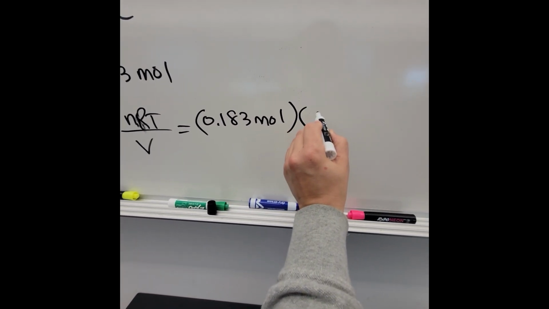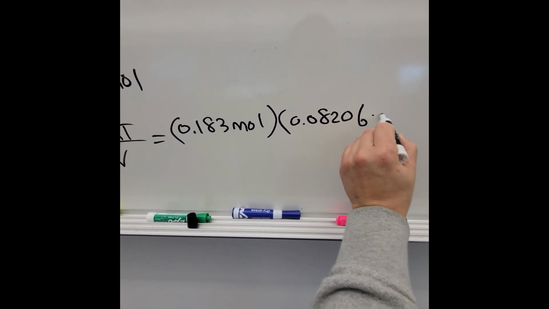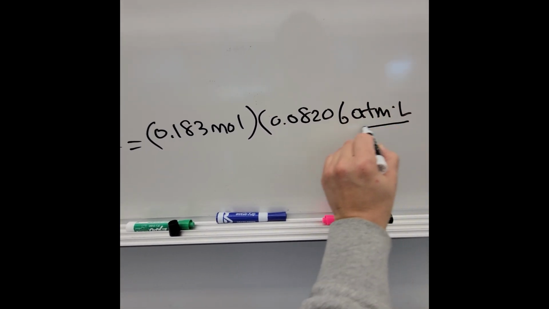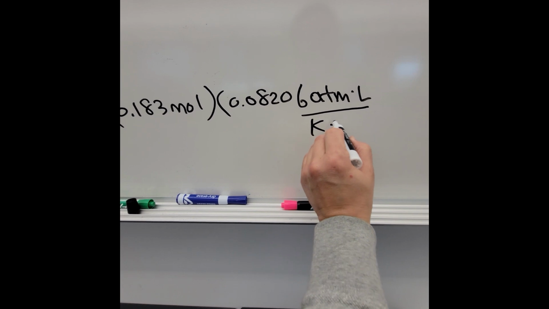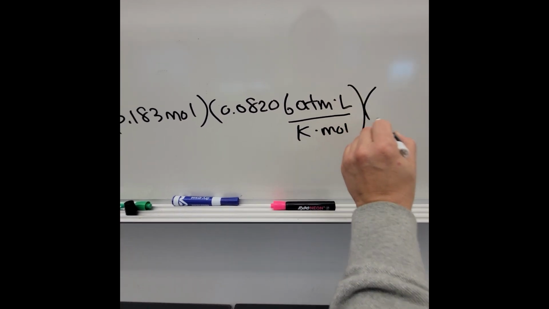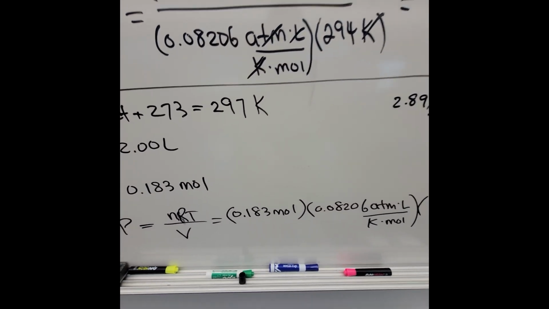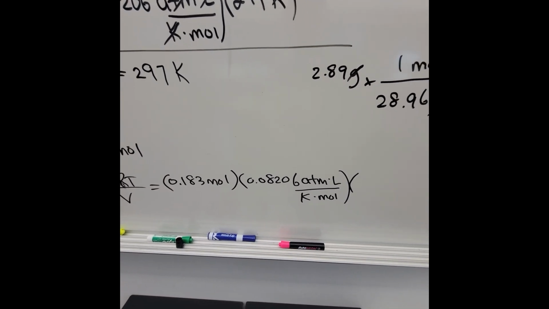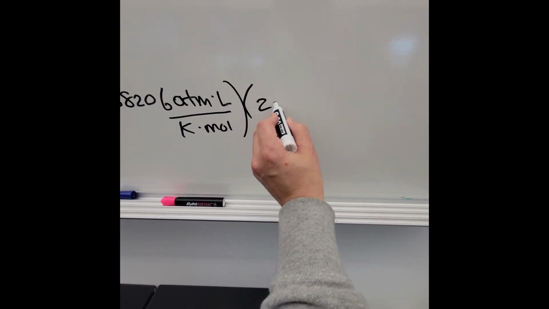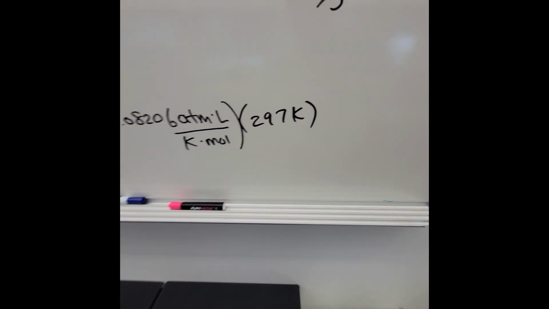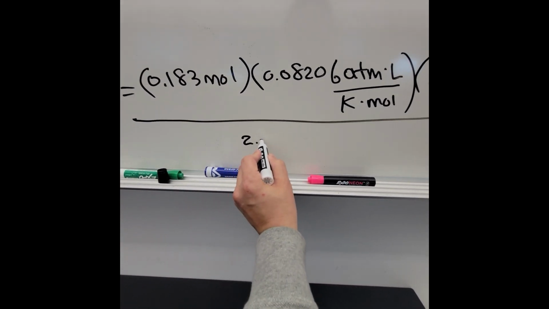R is the constant with atmospheres in it. And T, second temperature. I expected the temperature to go up more. I guess I didn't pump enough air in there. 297. I think you all got something higher than that. And the volume is still 2 liters.